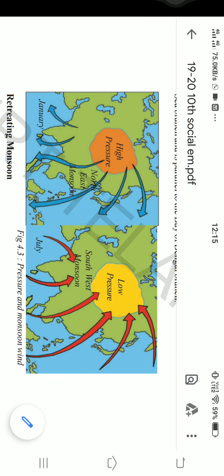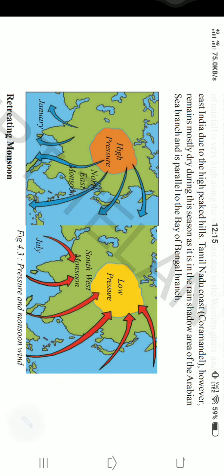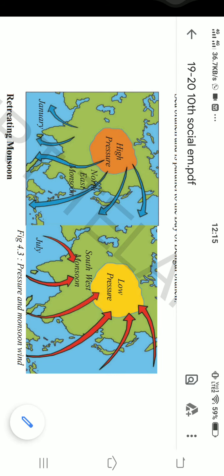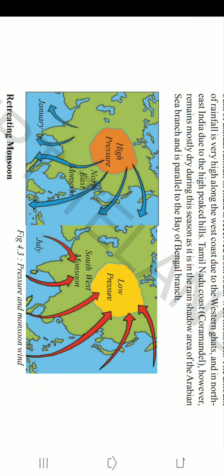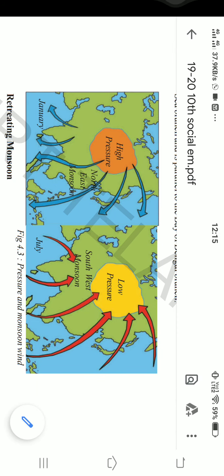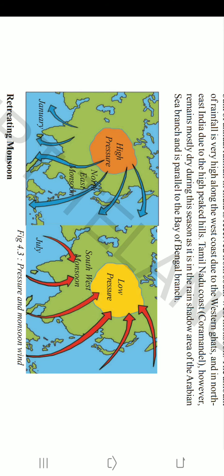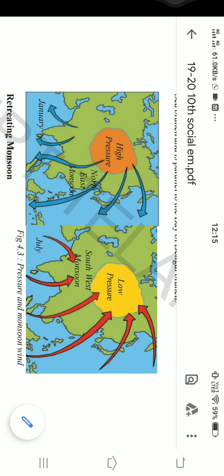This is reverse to the winter season. In winter season, a high pressure belt formed on the Indian subcontinent and a low pressure belt on the Indian Ocean, whereas in summer season, a low pressure belt forms on the Indian subcontinent and a high pressure belt on the Indian Ocean.